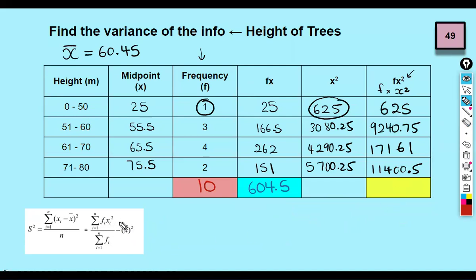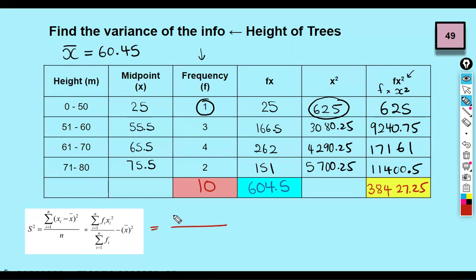It's 625 plus 9240.75 plus 17161 plus 11400.5. I hope I have this correct for sigma fx squared. 38,427.25. I'm reading other people's answers. Great, yes. So let's throw it into this formula.